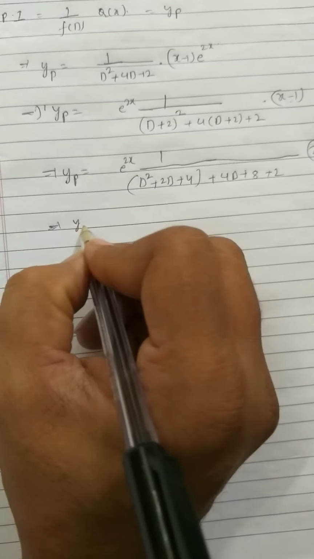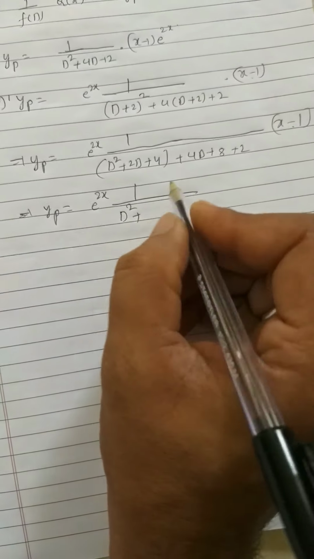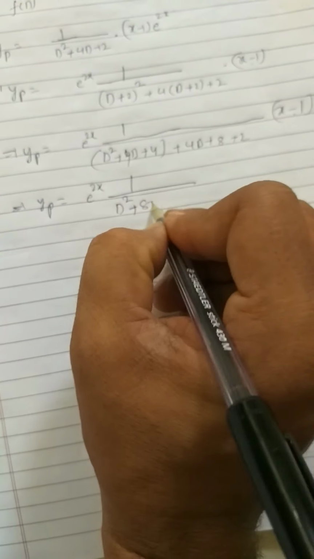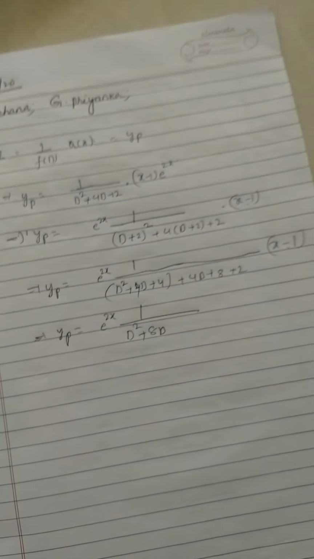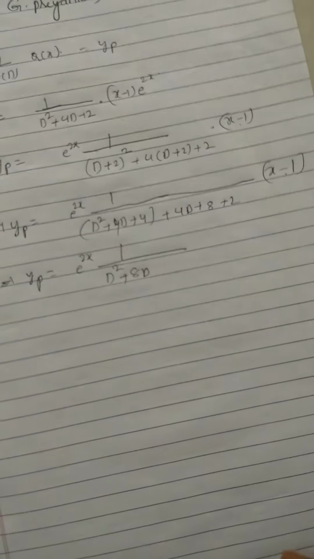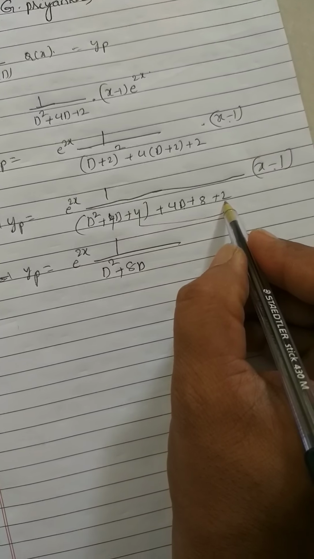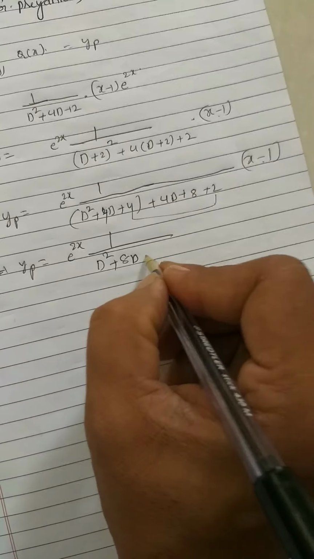That implies yp is equal to e power 2x by, here D square plus 4D plus 4D is how much? (D plus 2) whole square, D square plus 2 into 2D, the (a plus b) whole square formula, no? 4D plus 4D is 8D, right? Here 4 plus 8, 12, and then minus 12.